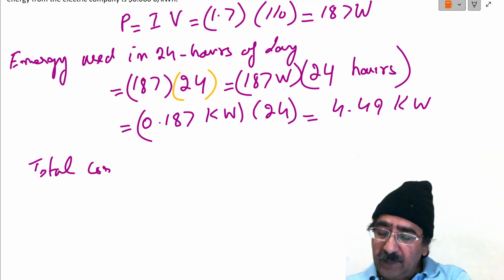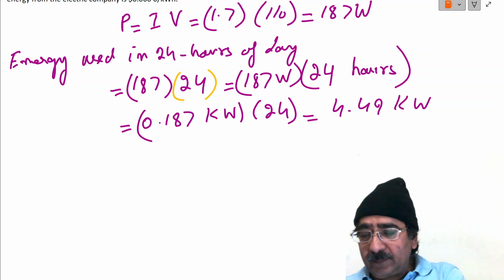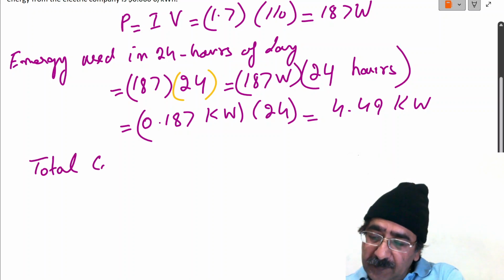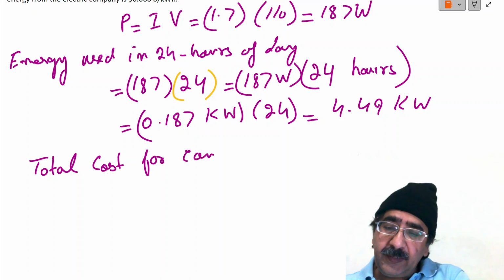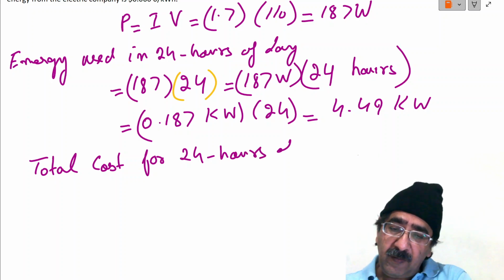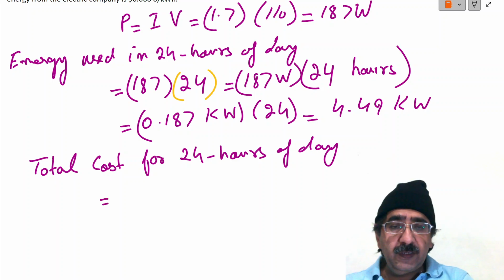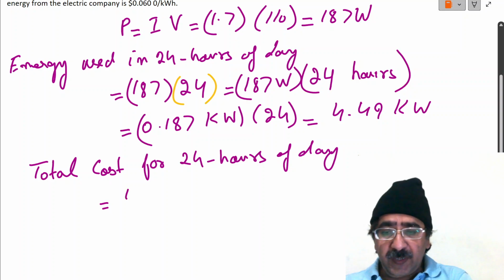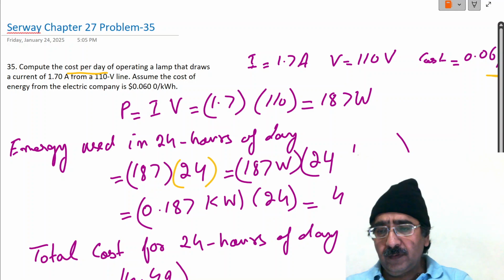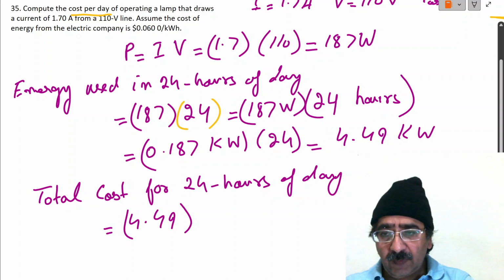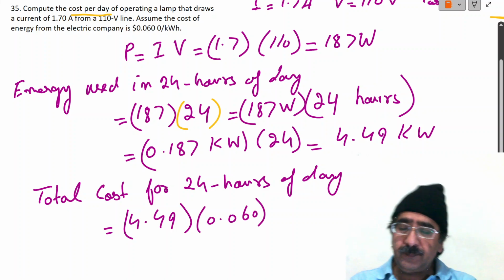So total cost for a complete day, for 24 hours of the day, will be given as 4.49 times the cost per kilowatt hour, which is 0.060 dollar.